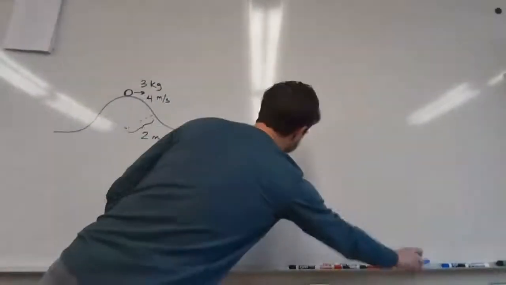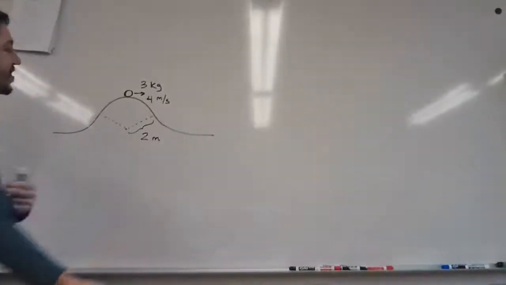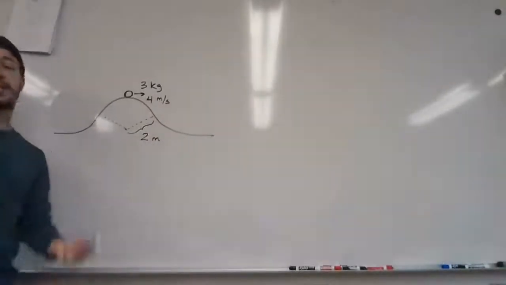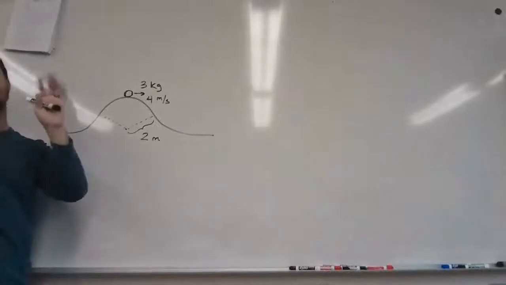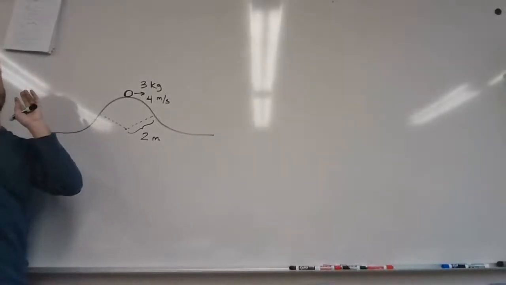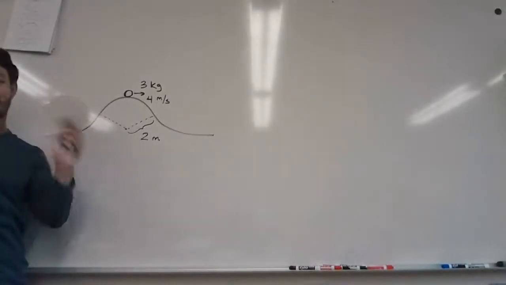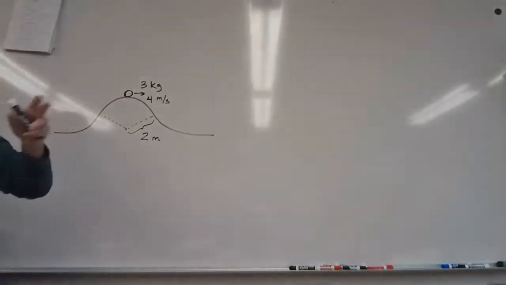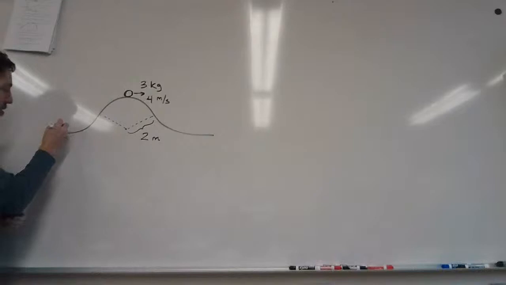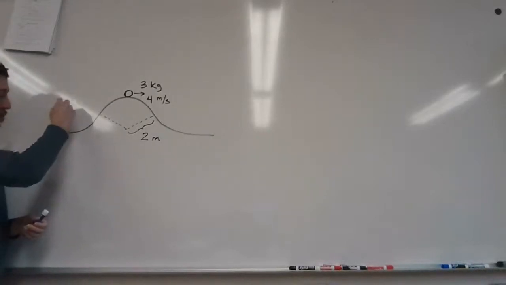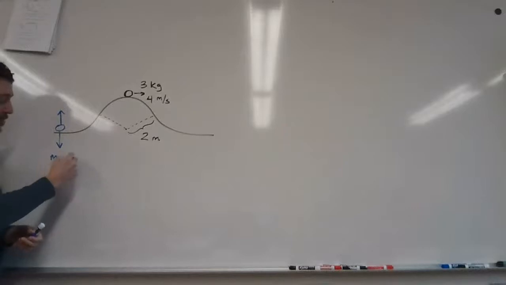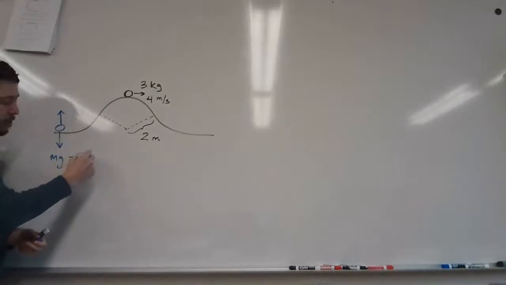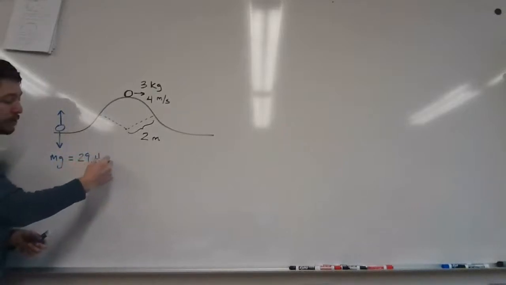Okay. So the question is, how much force does the track exert on the ball at this moment? How much force does the track exert on the ball when he's over here? Let's look at that one real quick. mg in this case would be 29.4 newtons.